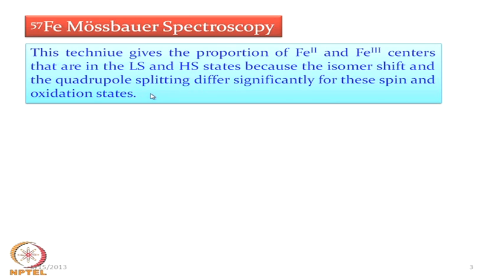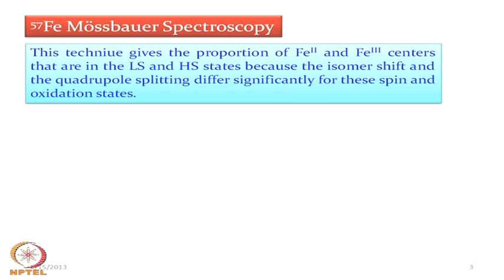we should have the corresponding signature in Mössbauer spectroscopy, so that whether all 4 systems, that means iron 2 low spin or high spin and iron 3 low spin or high spin, are present can be found out. In all 4 species the isomer shift and quadrupole splitting are the 2 valuable parameters to judge a particular Mössbauer spectrum.